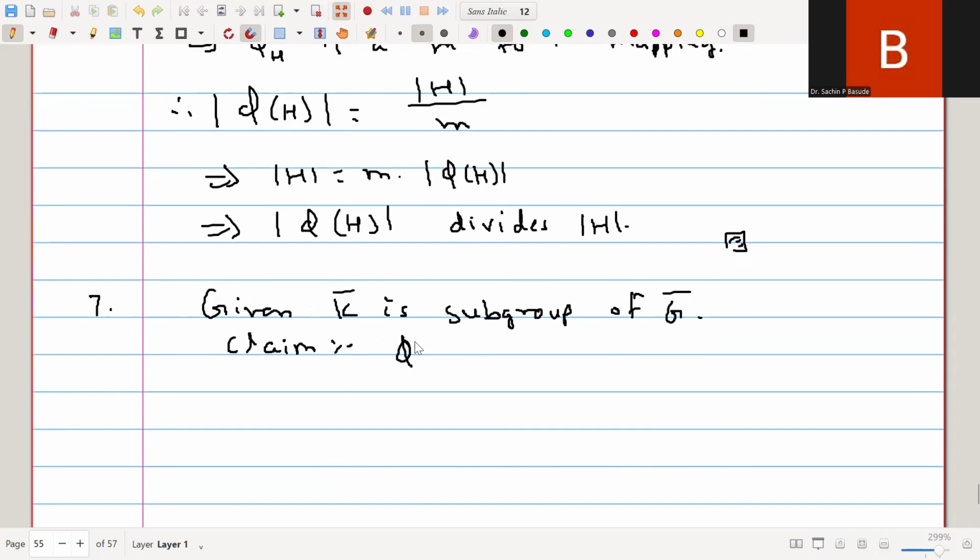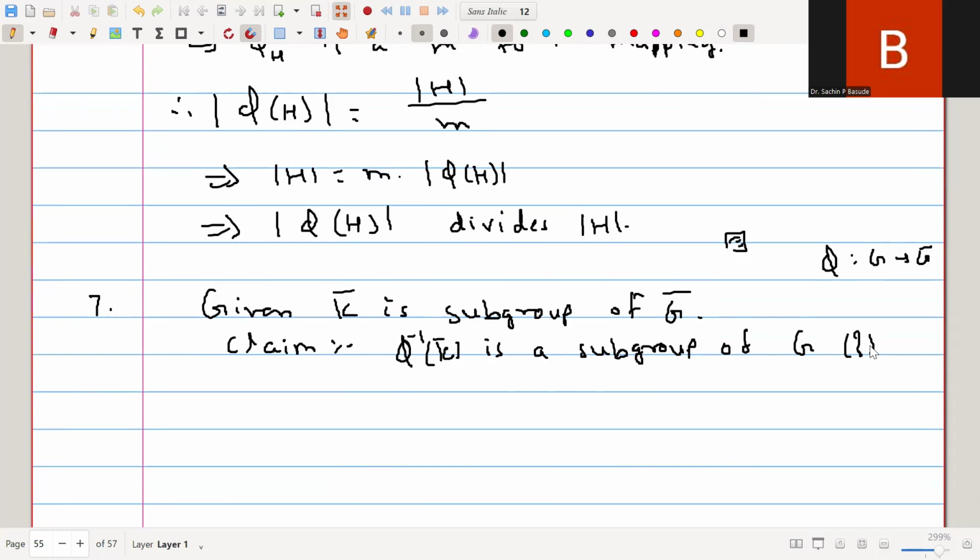The claim is phi inverse of k bar is a subgroup of G. Phi is a mapping from G to G bar, so phi inverse is a mapping from G bar to G. So phi inverse k bar is a subgroup of G. We have to prove this.